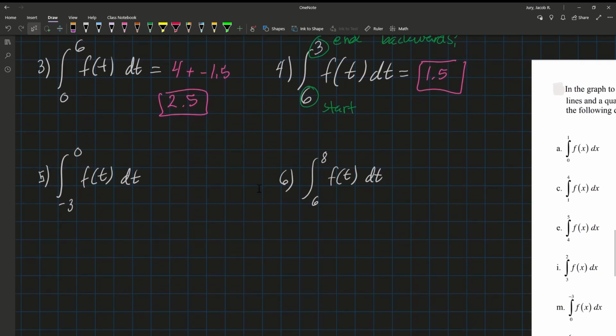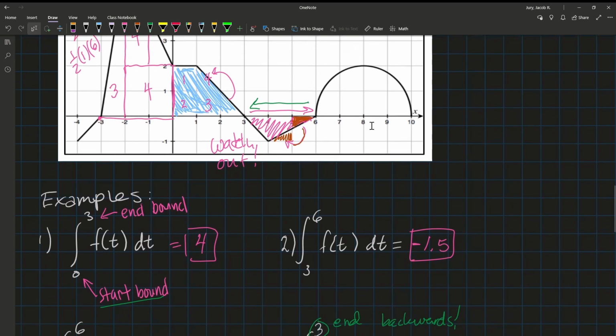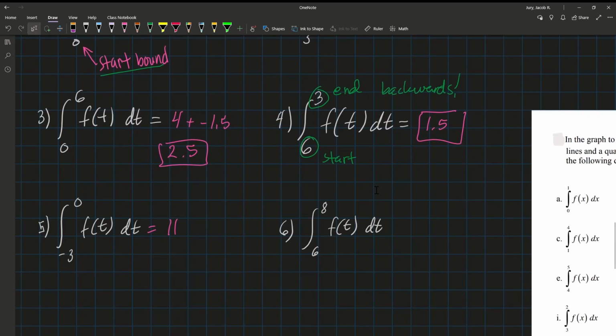And this one's a little strange because I'm in the negative x region, but don't let that fool you. We're still going from left to right, so we're starting at -3 and we're ending at 0. Now, this last piece is taking from 6 to 8, the area under that piece of our function.